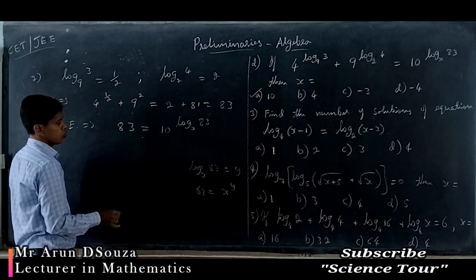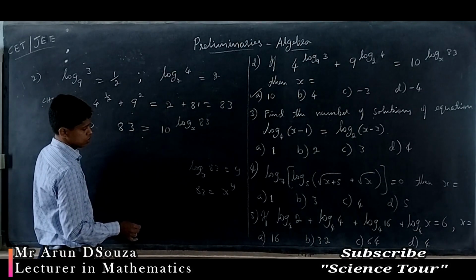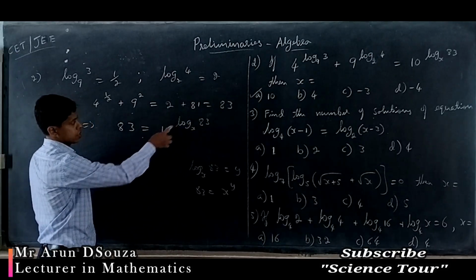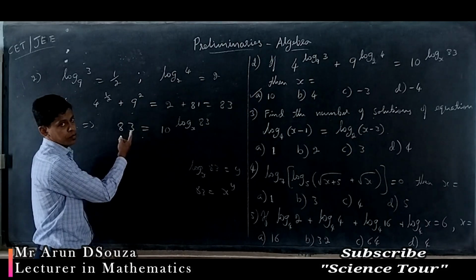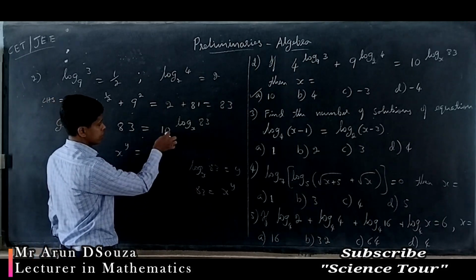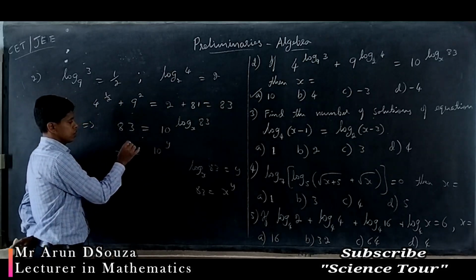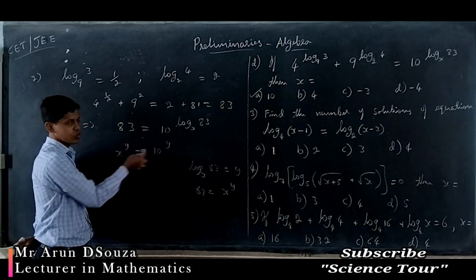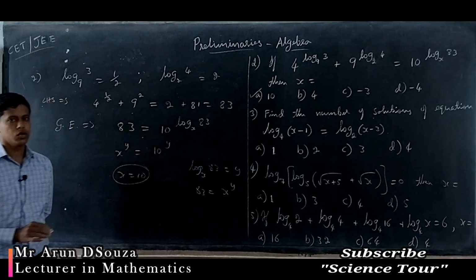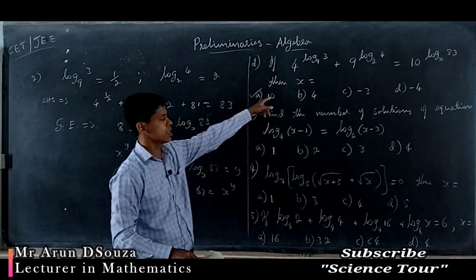So 83 is x to the power y, and this y is nothing but this, so 10 raised to y is x to the power y. See, this is x to the power y, 83, and this is 10, and the exponent is y, correct? So the exponents are equal, so x also must be equal. That means x is equal to 10. In whatever way you understand, that's the answer, 10.